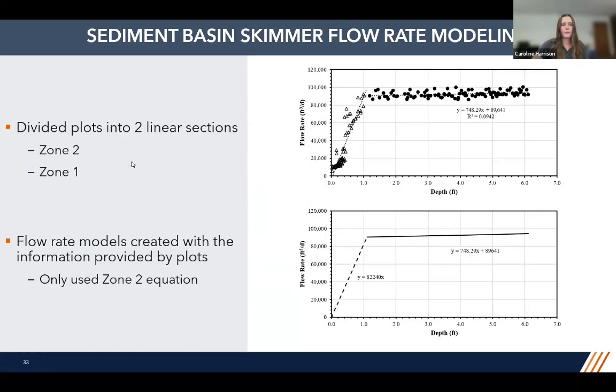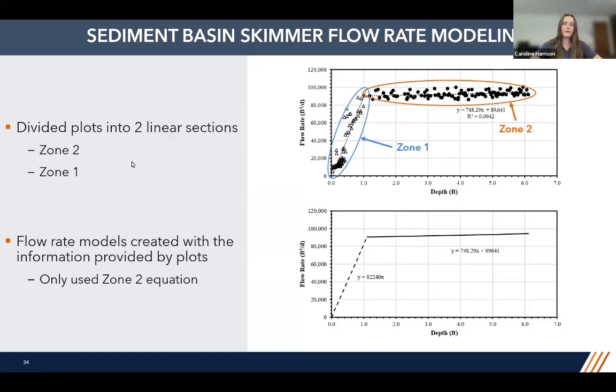One thing to note is that our plots here are the same graphs from the previous slide. So for all of our sediment basin skimmer configurations, a similar trend was observed, and they could be divided into two approximate linear sections, and those are labeled as Zone 1 and Zone 2.